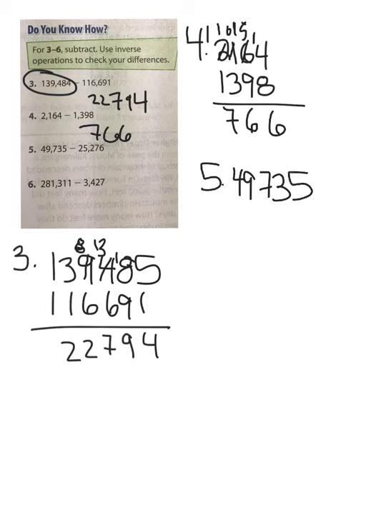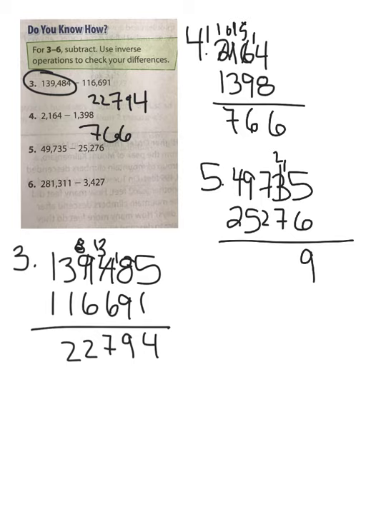Number 5, 49,735 minus 25,276. I'm trying the best that I can to write these problems. It's kind of hard with a stylus. Let's subtract. You can't take 6 from 5, so you're going to go to the tens place, cross off the 3, make it a 2, add your 1 over in the ones place. 15 minus 6 is 9.